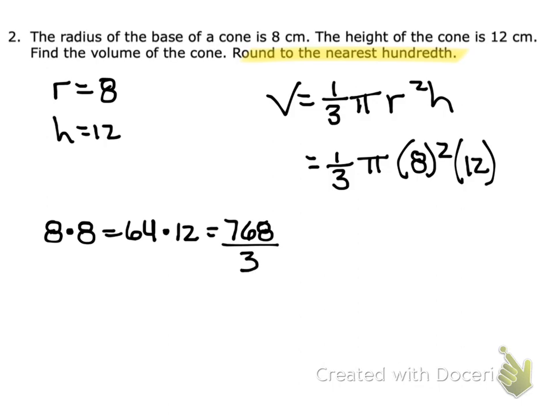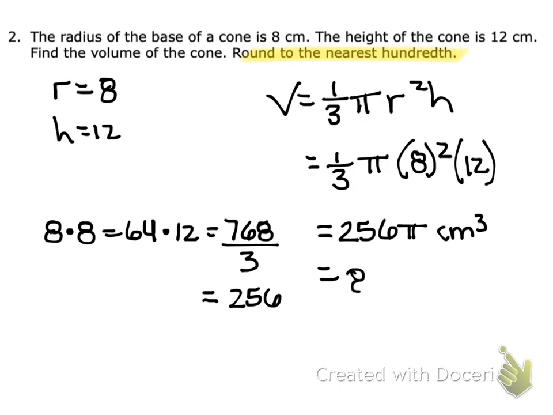So then we're going to take that 768 and divide by 3. That's going to give us 256. So if you are asked to give an answer in terms of pi, you would do 256 pi centimeters cubed. If, however, you're asked to round it off, then you're going to multiply by that pi button, and you'll get 804.25 centimeters cubed.